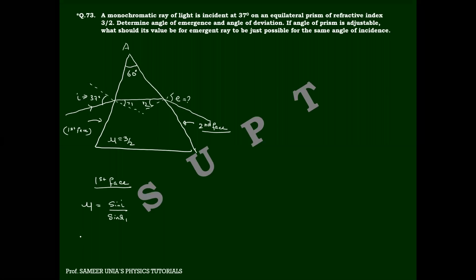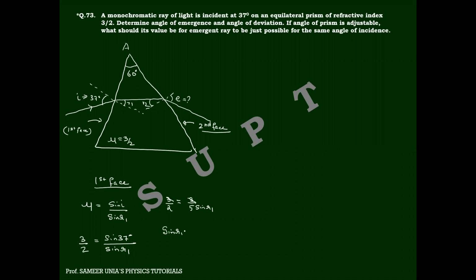Mu कितना है? 3/2 equals sine 37 upon sine R1. So this will be 3/2. Sine 37 is 3/5 upon sine R1. So this will cancel, sine R1 will become 2/5, that is 0.4.